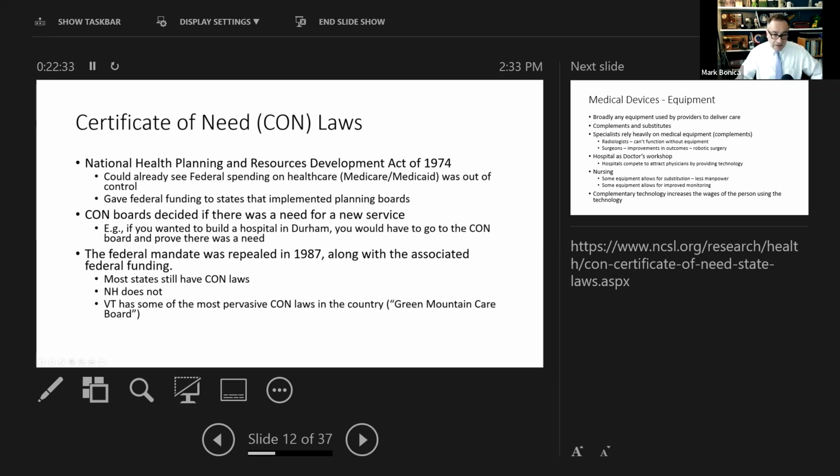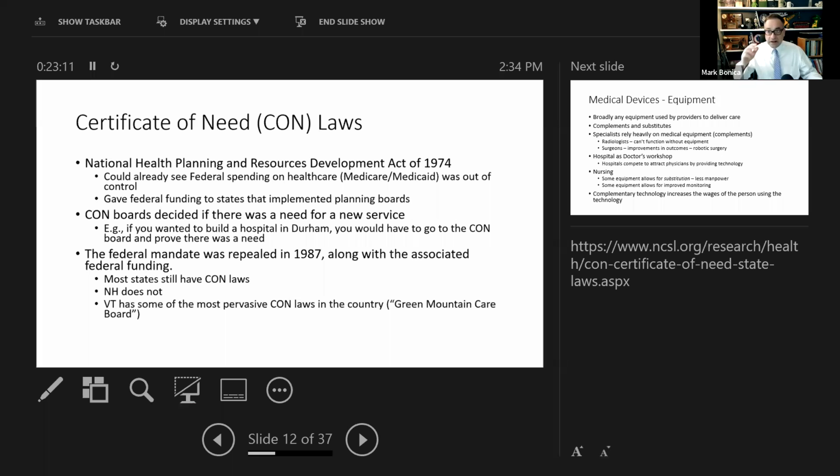New Hampshire does not, and Vermont has a completely bonkers CON board called the Green Mountain Care Board. My colleagues that I talk to who run healthcare organizations in Vermont have to do a lot of groveling to the Green Mountain Care Board if they want to do any sort of change: add a service, take away a service, increase a price, anything.